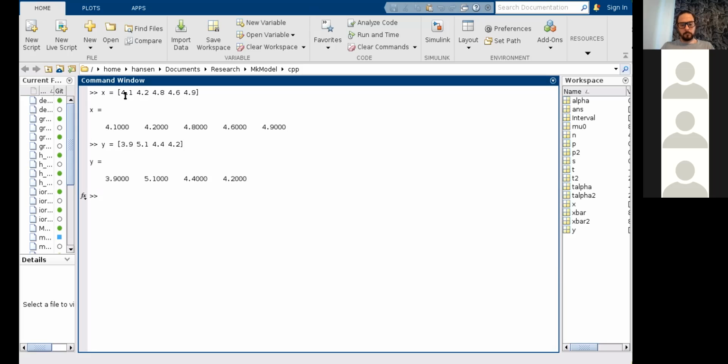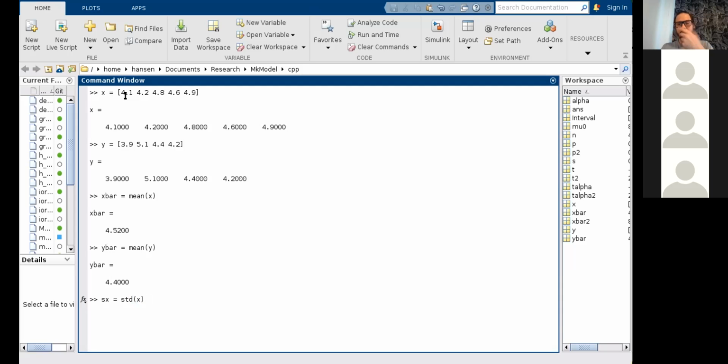Now, x bar, we can use the MATLAB function mean. It's actually used for that. Y bar is mean y, so we have these two. Now, how do we get the s's? So sx, we can write std of x, the standard deviation.